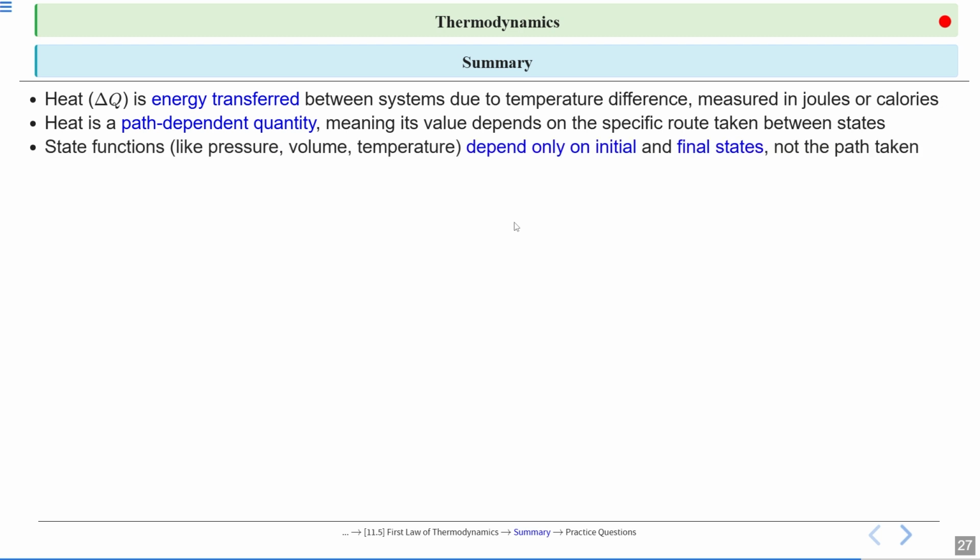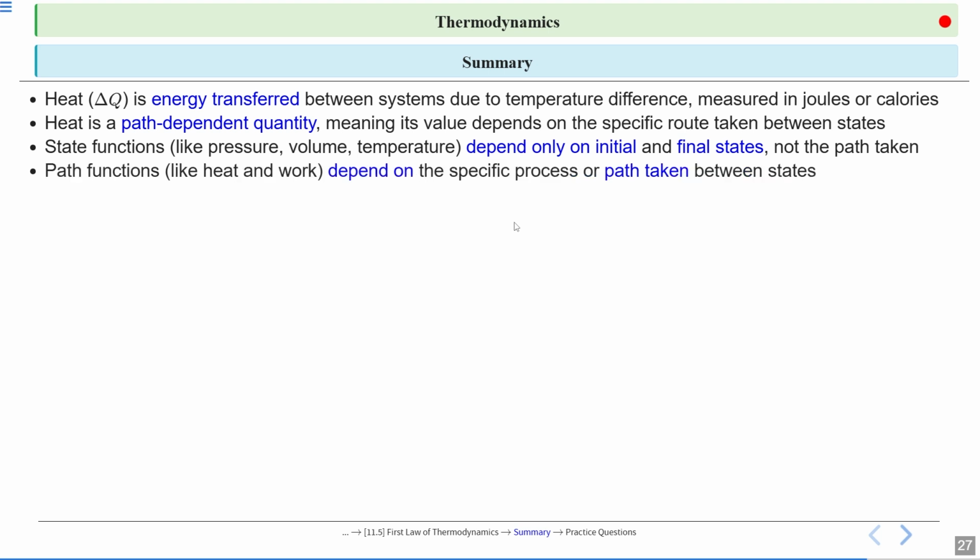State functions like pressure, volume, temperature depend only on initial and final states, not the path taken. So here it does not depend on path. It depends on initial and final position. Path functions like heat and work depend on the specific processes or path taken between states. So we can say heat and work depend on path. It does not depend on initial and final position.